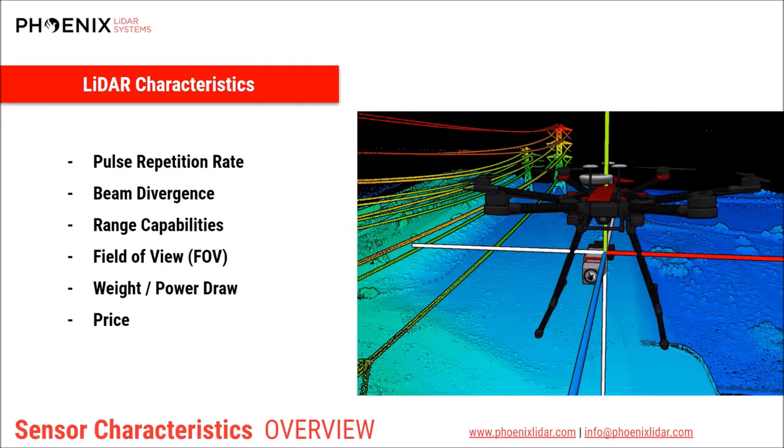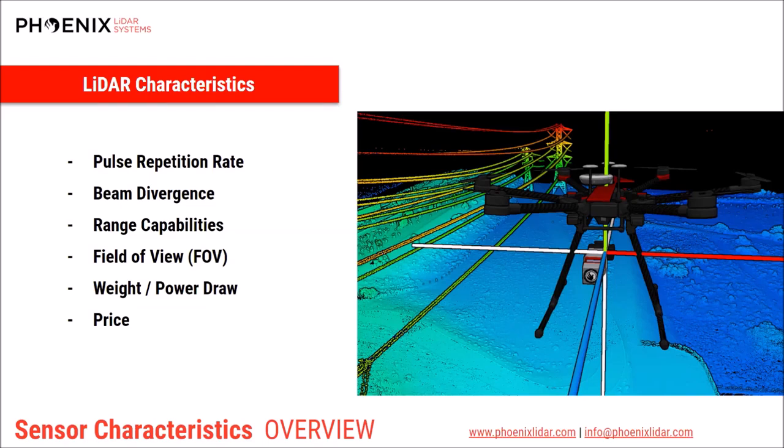So these are the main characteristics that we are going to be going over in terms of the intrinsics of a LiDAR system. Pulse repetition rate and beam divergence are the two more nitty-gritty factors that we will be looking at, as well as a general idea of range capabilities, field of view, and then the weight, power, price dynamic that we all have to balance in these applications.